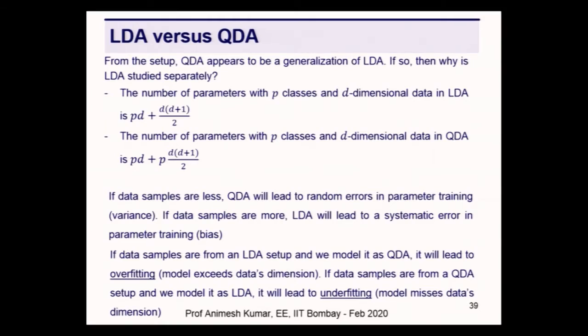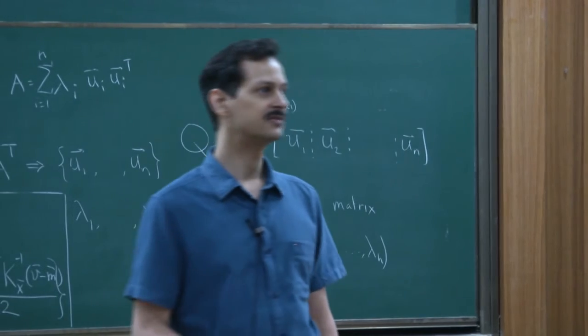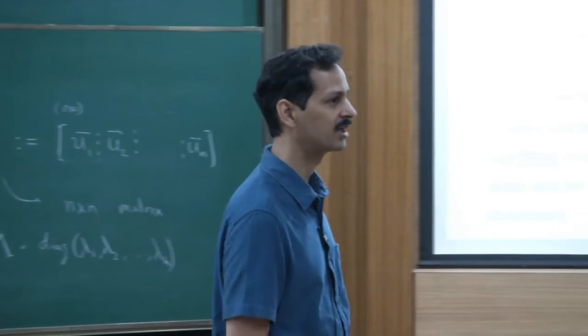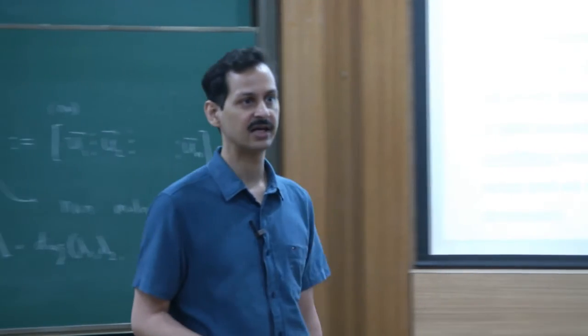So if data samples are less, then QDA will lead to random errors in parameter training itself. So if I believe in QDA model and if I have less number of samples, then the parameter training itself is erroneous. So if the parameters themselves are erroneous, I'll end up calculating incorrect or approximate likelihood as opposed to a slightly exact one.